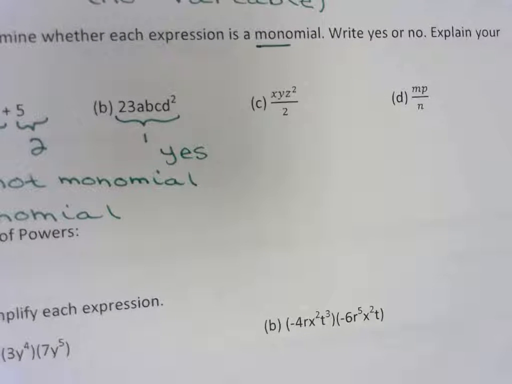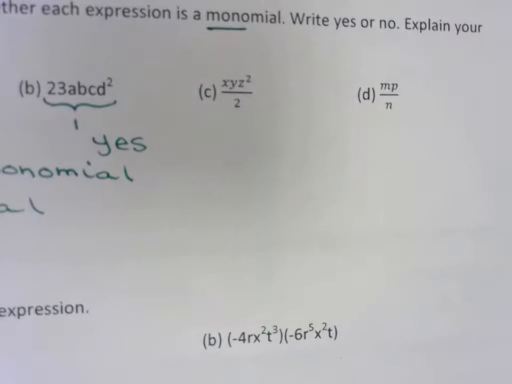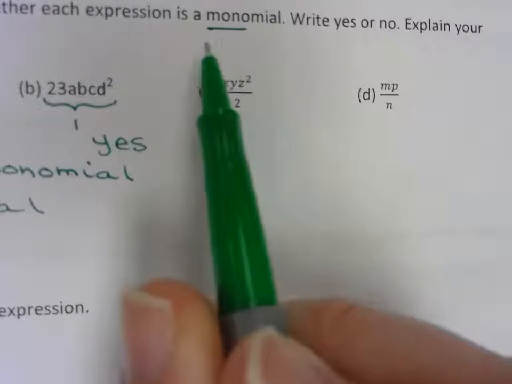Okay, let's look at C. If I look at C, I want to know how many terms I have. The terms are separated by plus or minus. Do I see any plus or minus? No. So I'm thinking, okay, this might be a monomial, but a monomial cannot have division in it. So how can I rewrite this to only have multiplication?